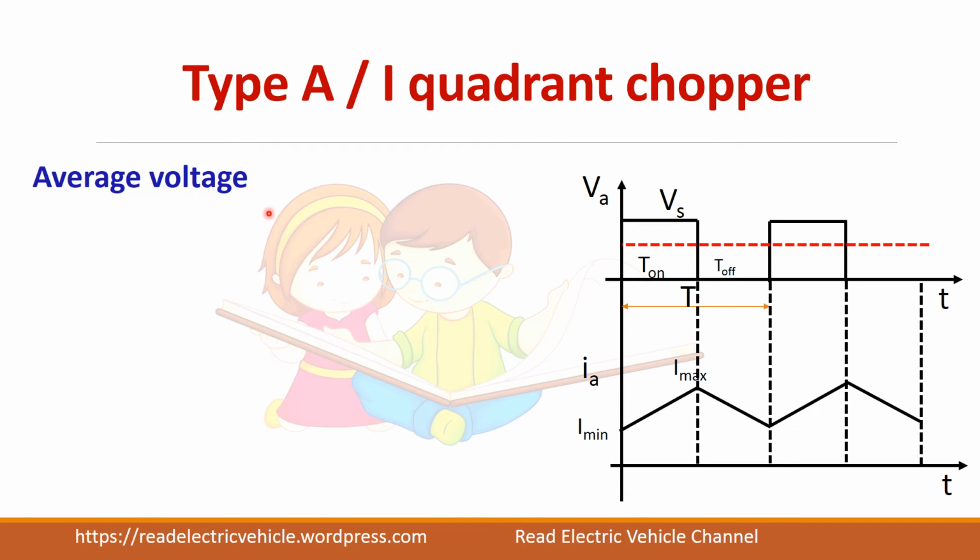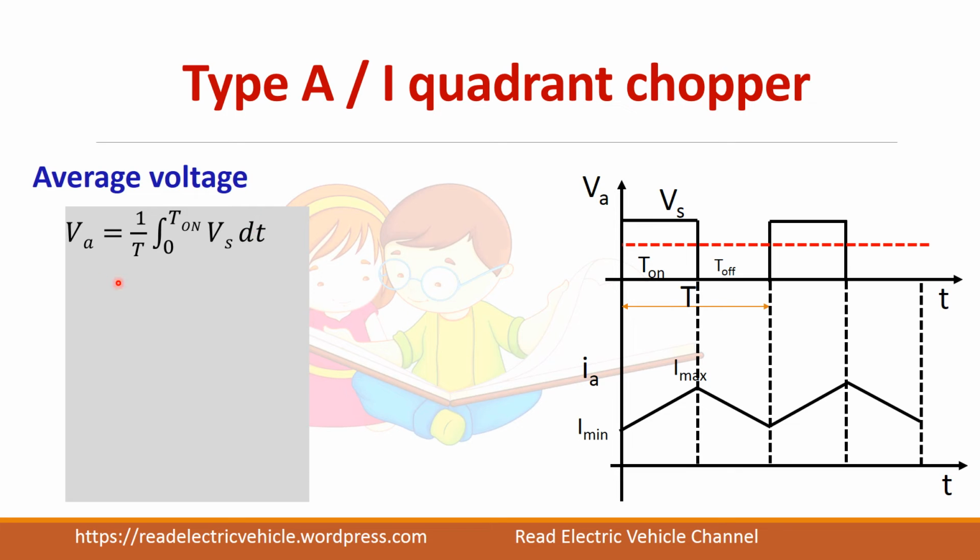Next we will calculate the average voltage. So V average is equal to 1 by the total time period T, integral with limits 0 to T on, you have the waveform. What is the magnitude? Vs into dt. So simplify it, apply the limits, and you will get T on by T. What is T on by T?